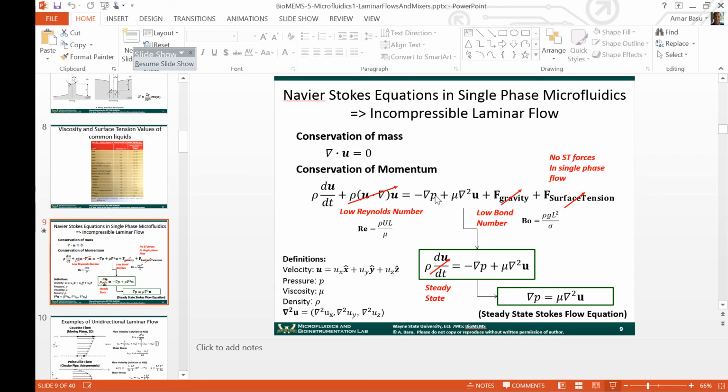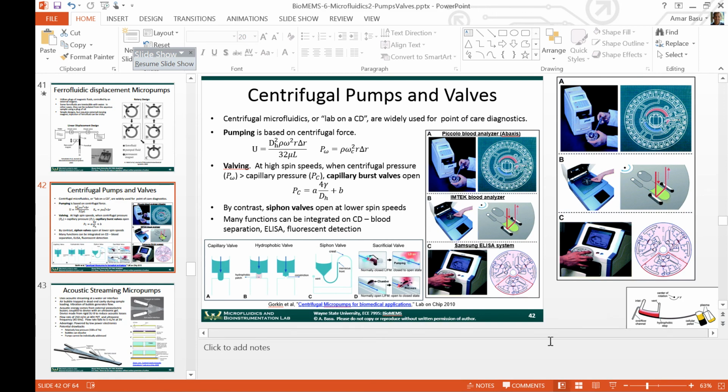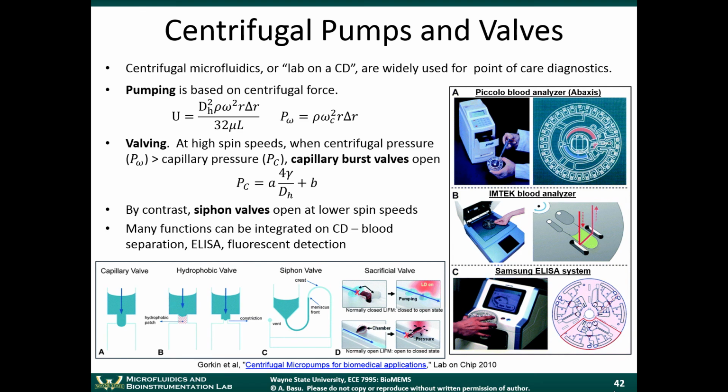Now, let's think about it intuitively. If you were to sit on a merry-go-round, and the merry-go-round spins very rapidly, there's going to be a centrifugal force that pushes you towards the outside. We're basically made up of water, so the same type of thing would happen in a microfluidic chip.